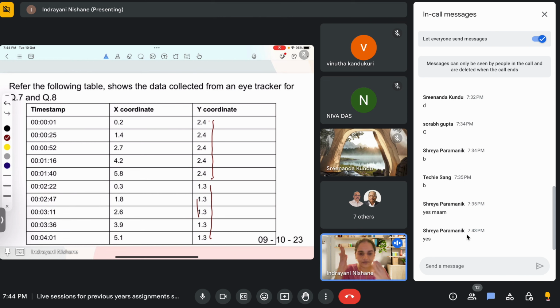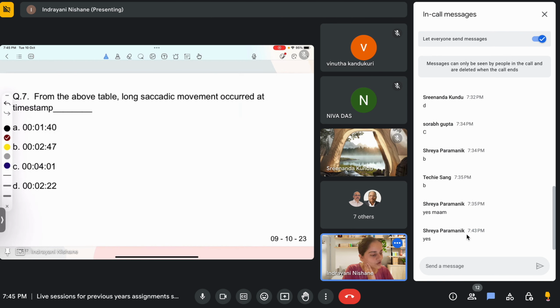It looks like reading because this is y and this is the x-axis. When we read in a row, our y is going to remain constant and our eye is moving across the x coordinate, or across the x-axis. So this looks like the eye tracker data for a reading task. Let's see what kind of questions are getting asked. From the above table, long saccadic movement occurred at which timestamp?